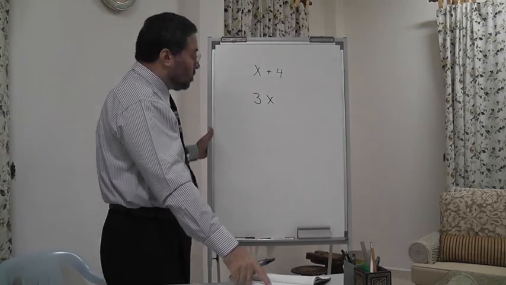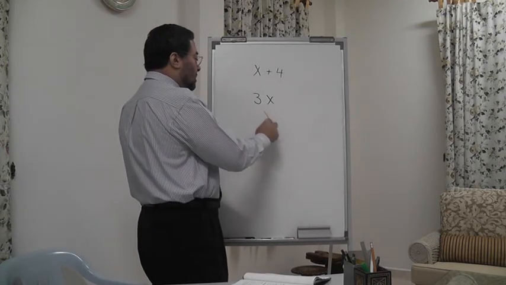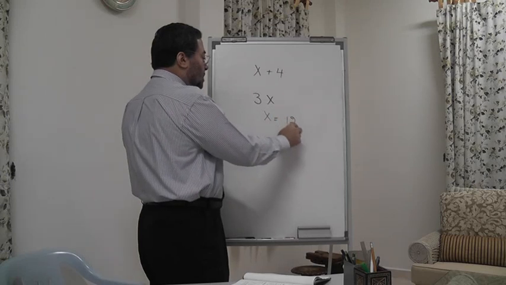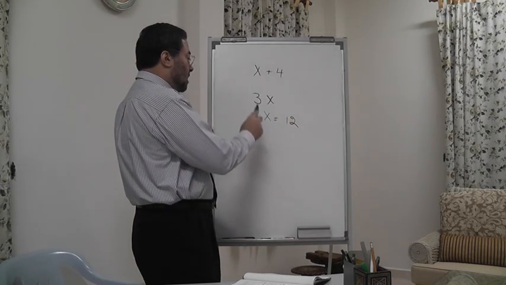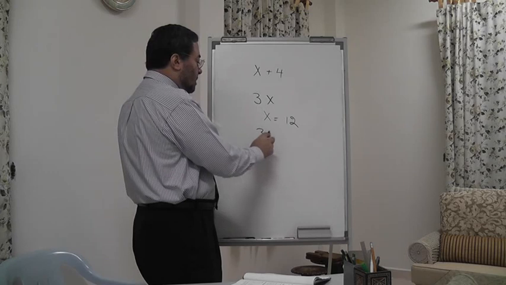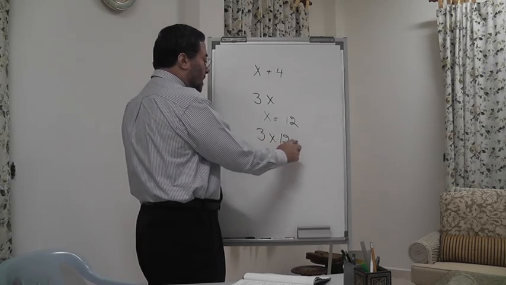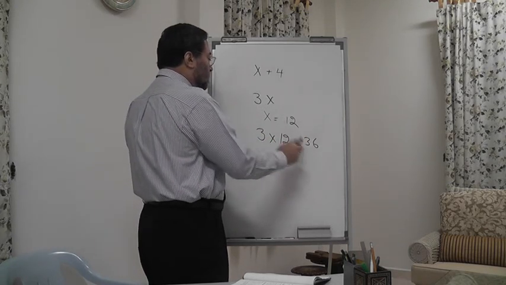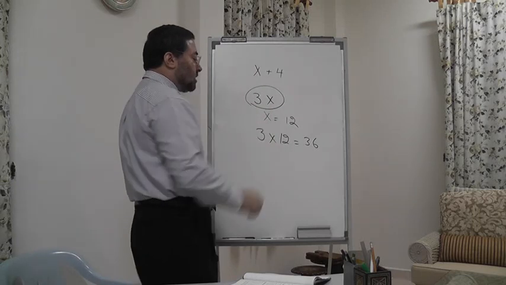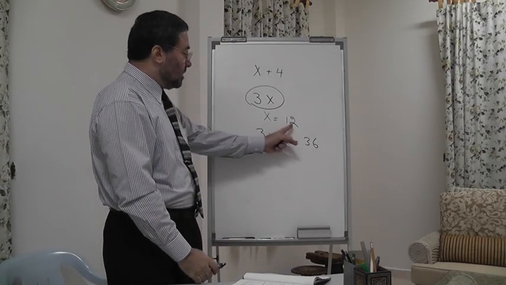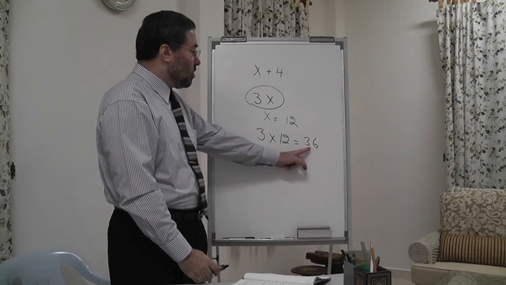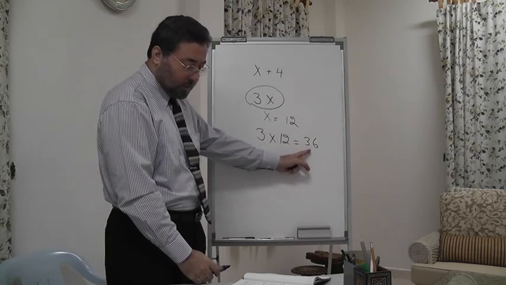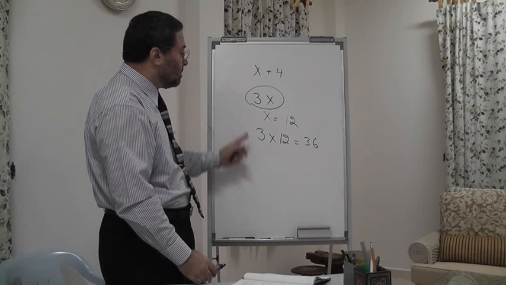At this point, we do know the value of x, and x is equal to 12. So we simply replace x with its value, and that's 3 times 12, and that will be equal to 36. So the value of this quantity, when x is 12, will be 36. This is what this whole thing means.